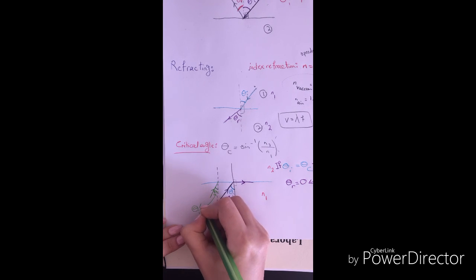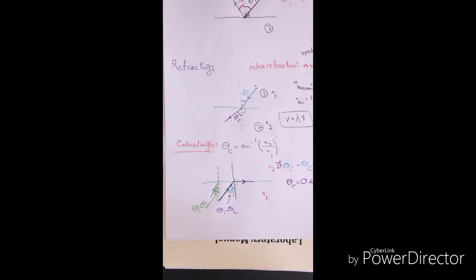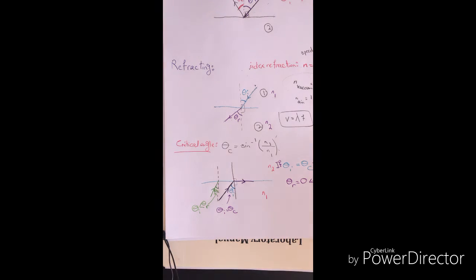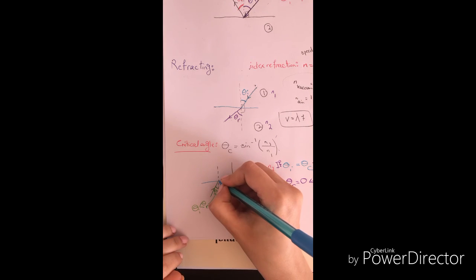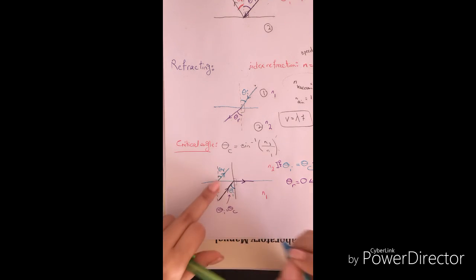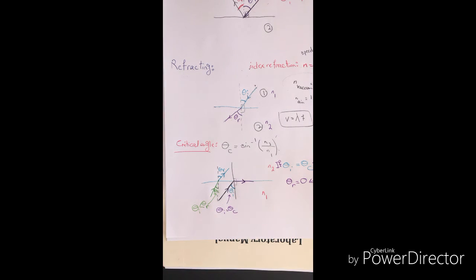In that case, the ray will be reflected with a non-zero angle. So it will be reflected like this, and this would be theta r, the reflection angle.